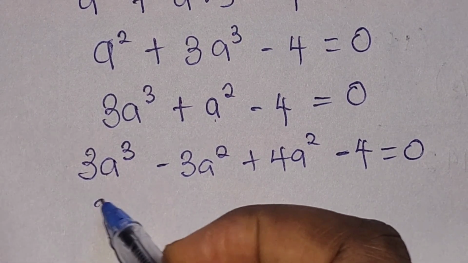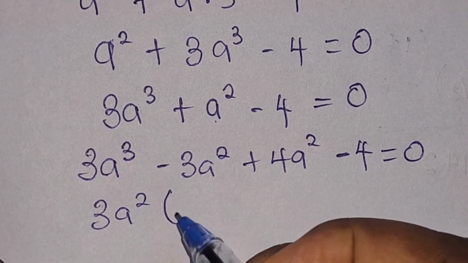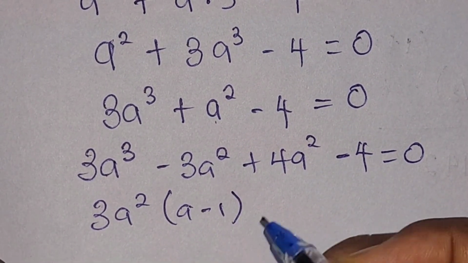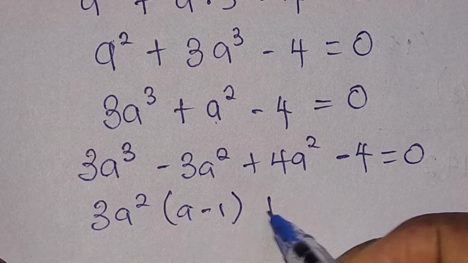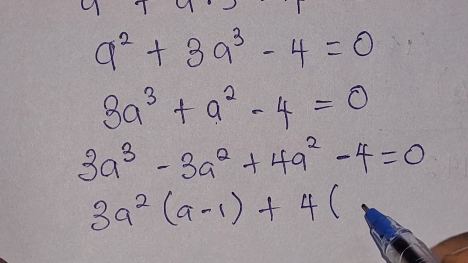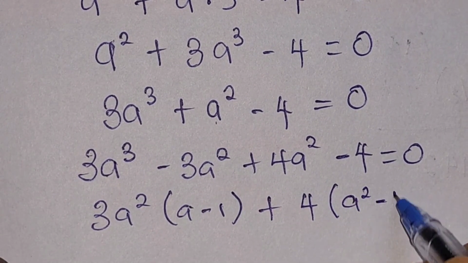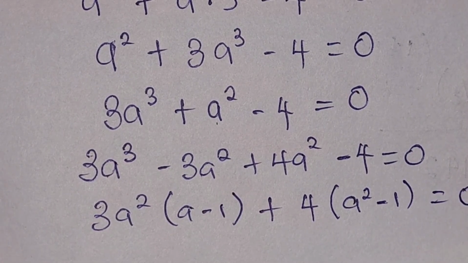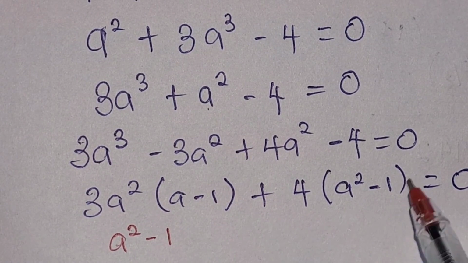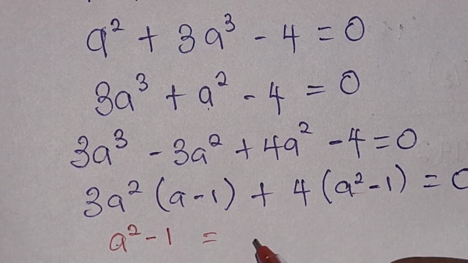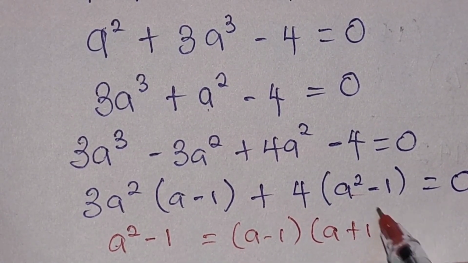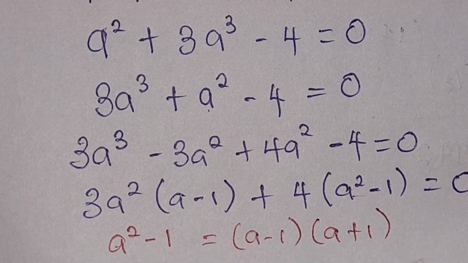So we'll factor out 3a squared to have a minus 1 here, plus when we factor out 4 from here, we have a squared minus 1, and this is equal to 0. Our a squared minus 1 is equal to a minus 1 times a plus 1. So this is a difference of two squares.